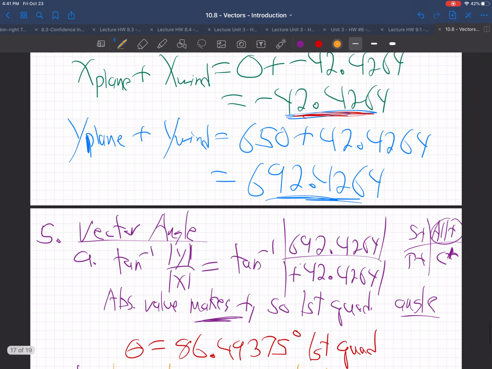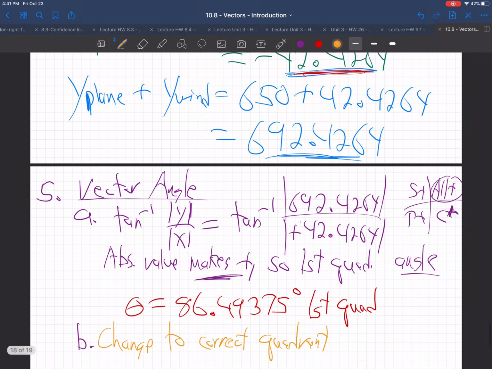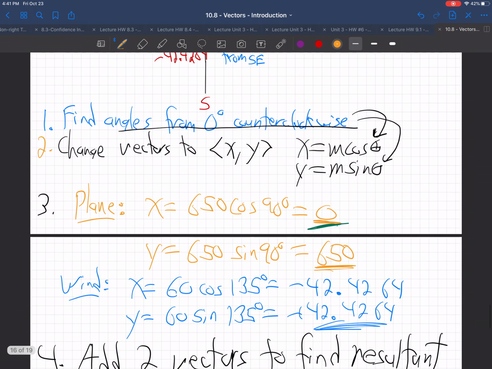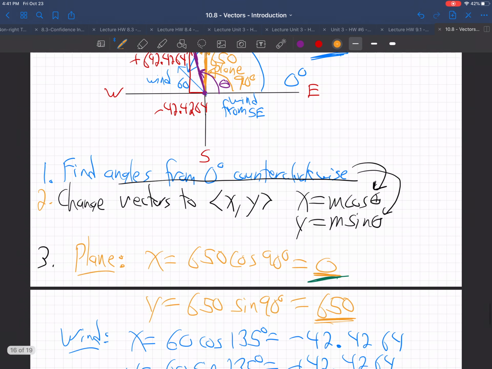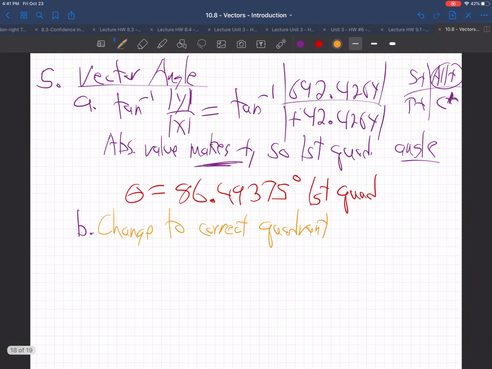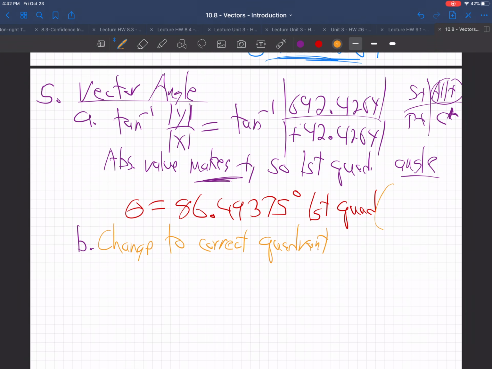So we get tangent inverse of y over x, and now we've got to change this to the correct quadrant. So what does that mean? Well, this is first quadrant, meaning from the x-axis. So that's the angle from the x-axis.